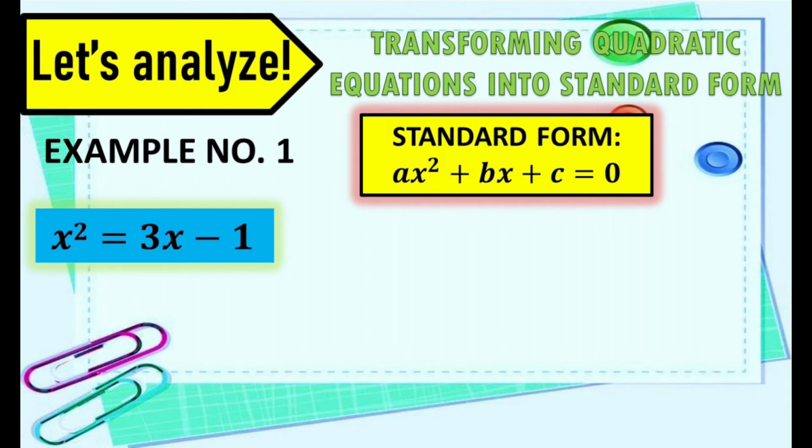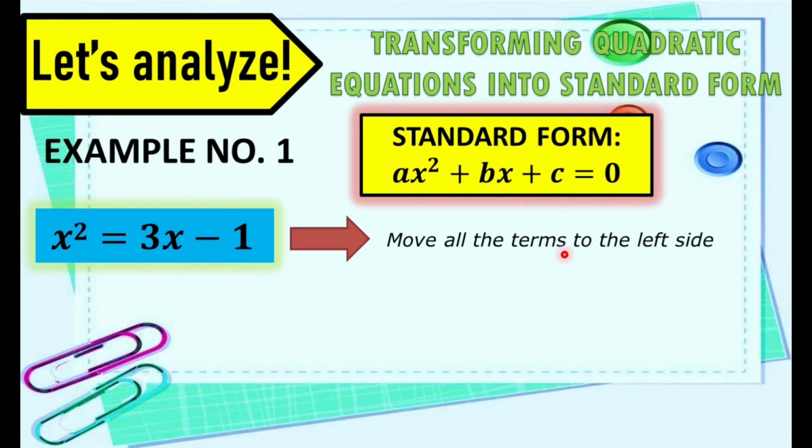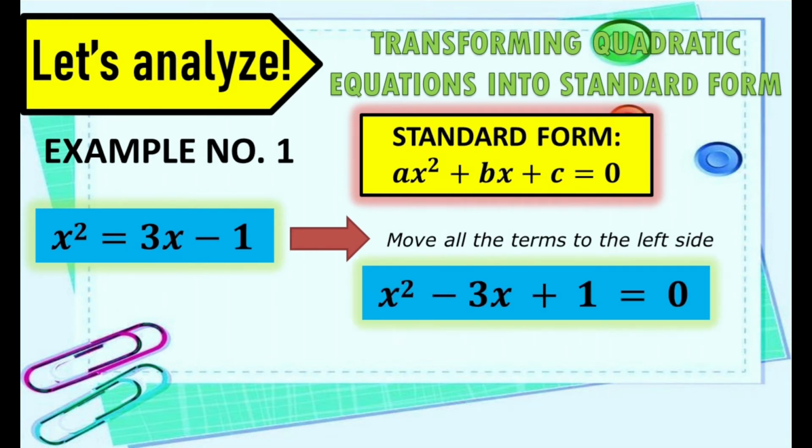So in order for us to put this into its standard form, we have to move all the terms to the left side of the equation. In that way, we could have x squared minus 3x plus 1 is equal to 0.